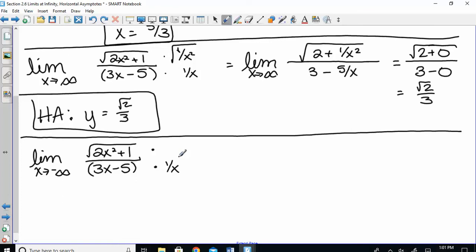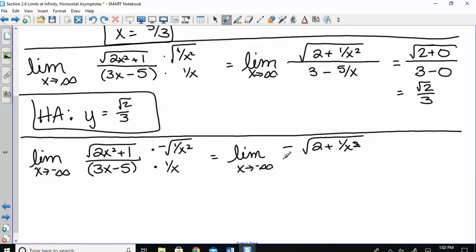So this side right now is negative, and this side is positive. If I want them to be equal, what do I need to do over here? Add a negative. So we have a negative square root of 1 over x squared, so that those two things are equivalent. So that negative can just stay out in front.